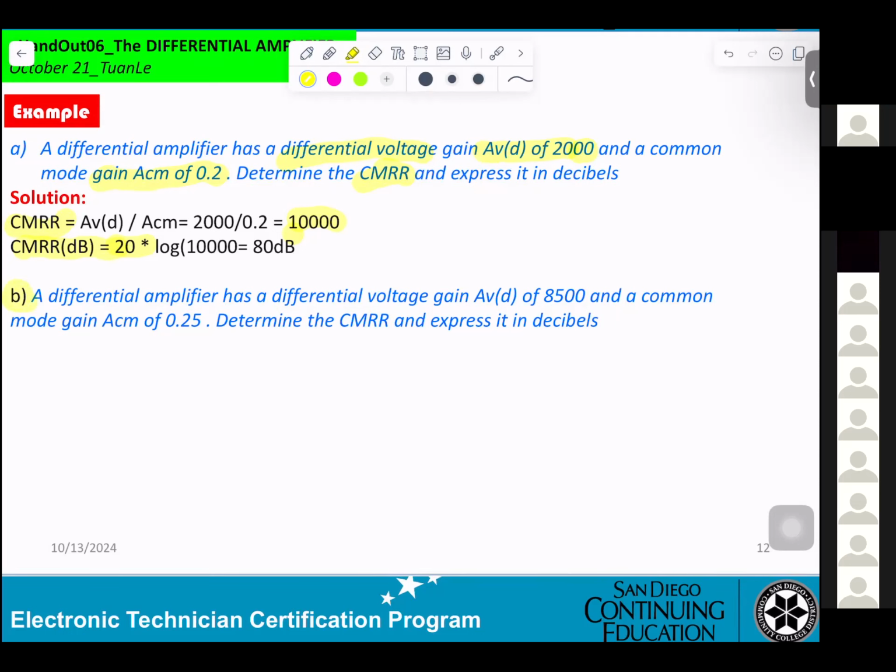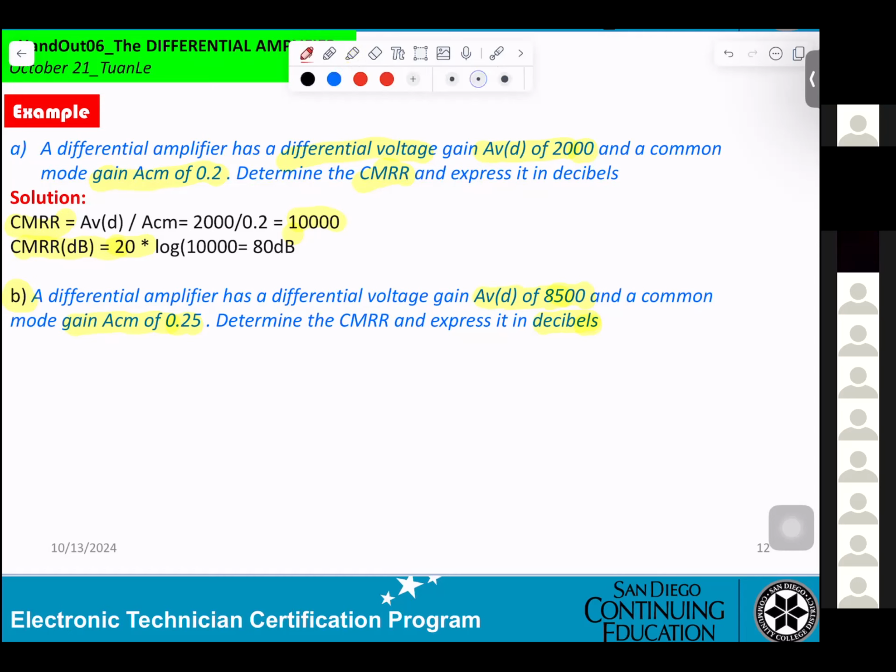A differential amplifier has a differential voltage gain AVD and a common mode gain of 0.25. Same thing, they want to know the CMRR, common mode rejection ratio, and in decibels. I'd like you to do it and tell me what you get.